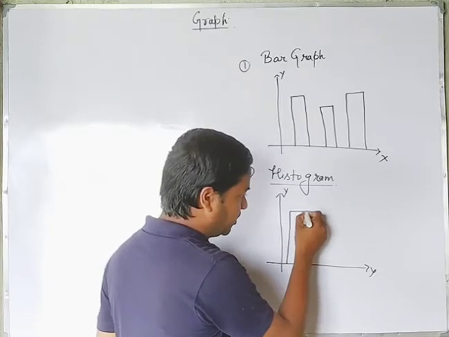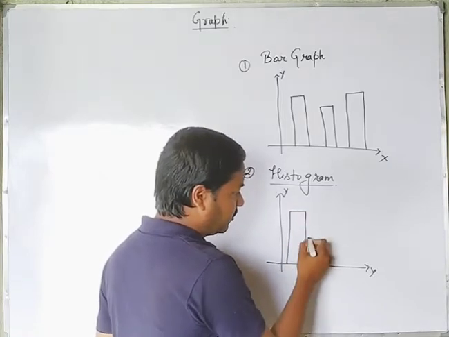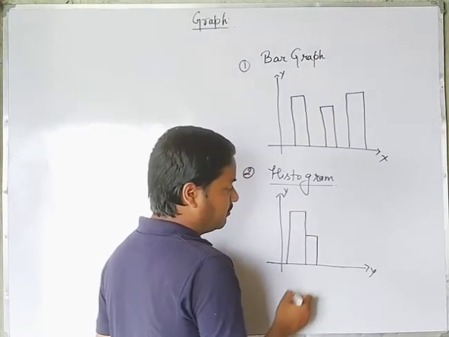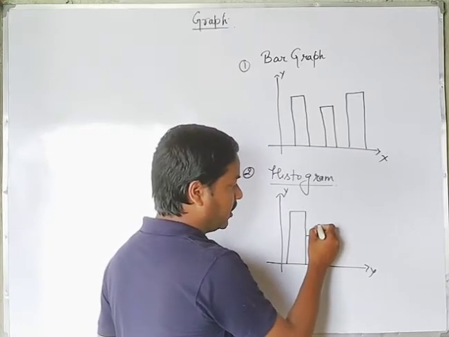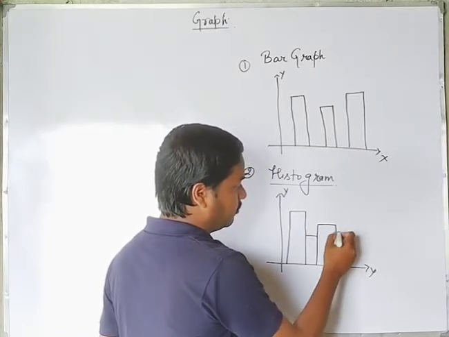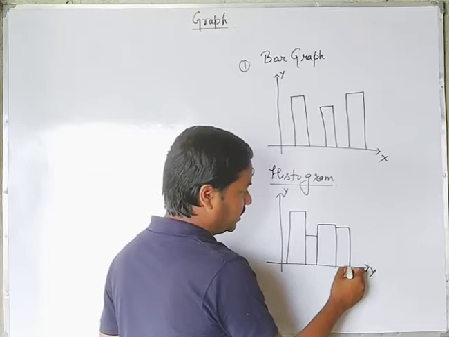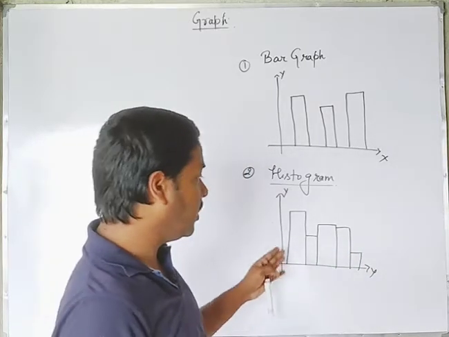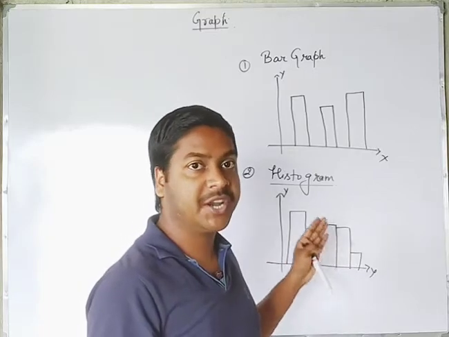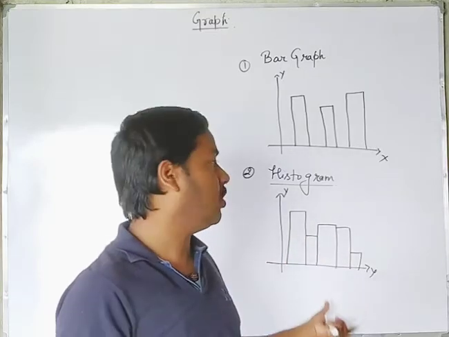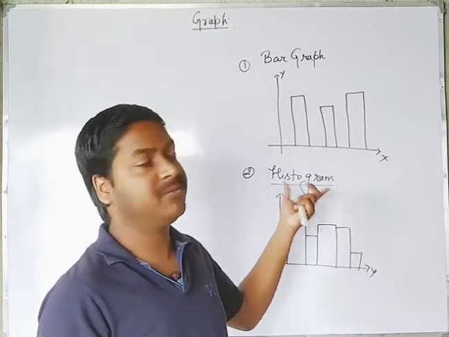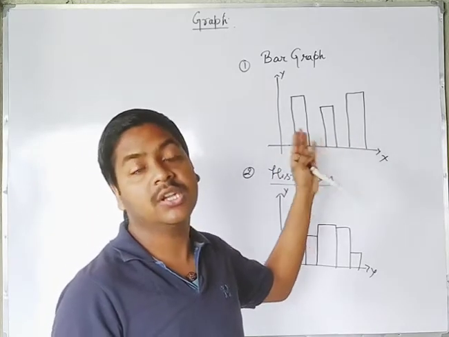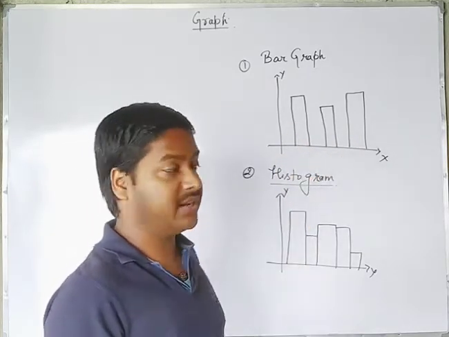Suppose this is your first bar in the histogram, then another one is connected with it, like this. The third one is like this, the fourth like this, the fifth like this. It means if all the rectangles are connected to each other, we call it a histogram, and if they are not connected, we call it a bar graph.